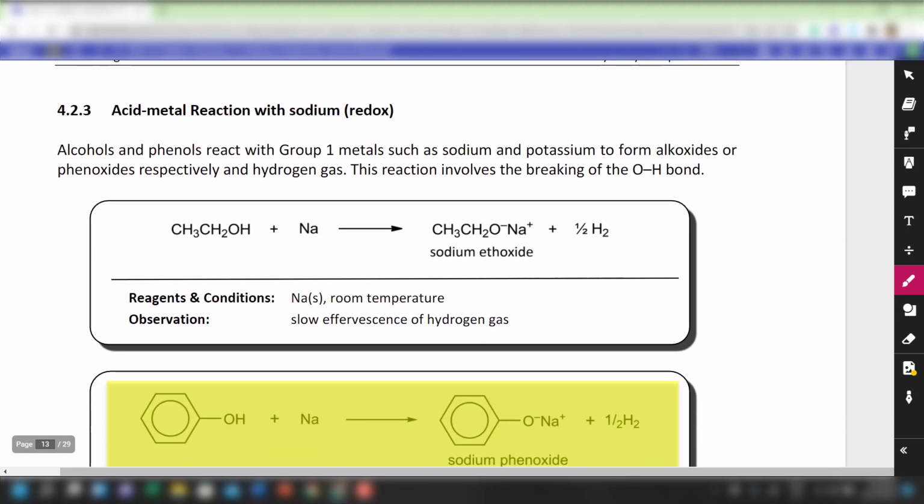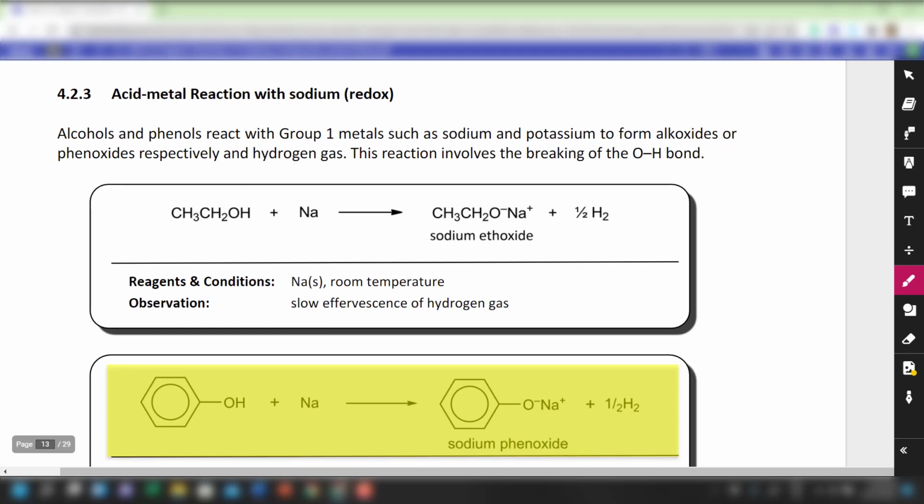The next section we're going to discuss is 4.2.3, where we are going to talk about acid metal reaction with sodium. Sodium is often used. We will term this a redox reaction for a very simple reason: the sodium oxidation state increases from 0 to +1 in Na+, and the oxidation state of hydrogen decreases from +1 to 0 in hydrogen gas.